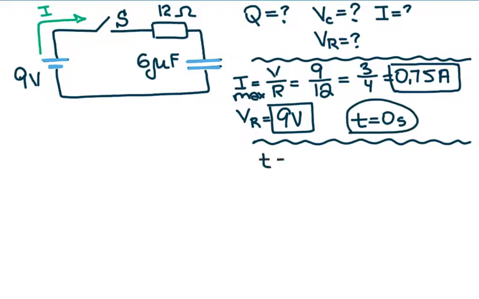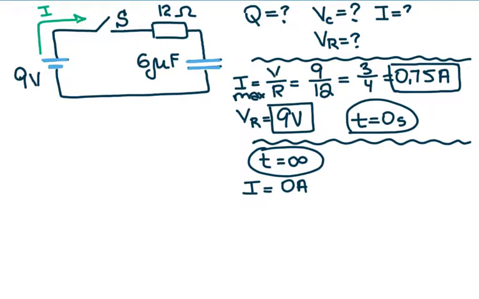Now, when the time is equal to infinity, that's a long time after the capacitor has been fully charged, the current at that point is going to be equal to 0 amps, because the capacitor is going to be fully charged by that time, and because there is no potential difference between the battery and the capacitor, there's going to be no current flowing at that moment.